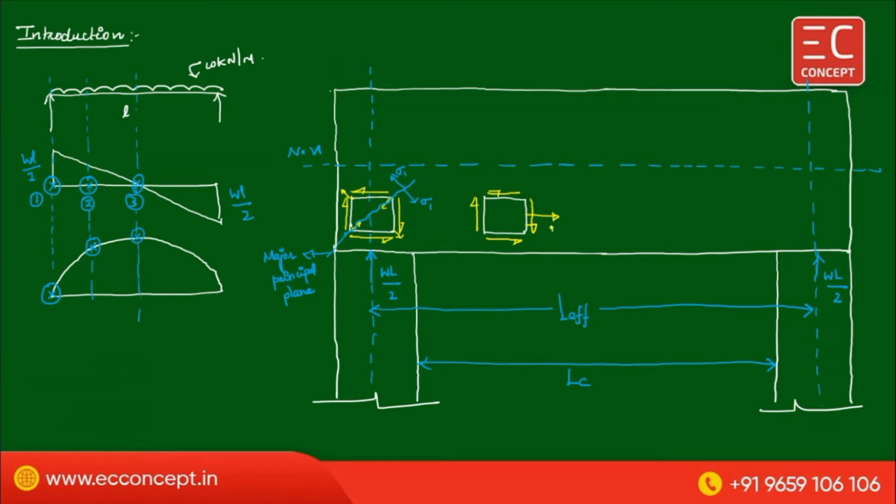Due to bending moment we have a bending stress, sigma x. Now also if you find the principal plane, it acts at an angle theta p, which is equal to 45 degrees or 135 degrees, right?